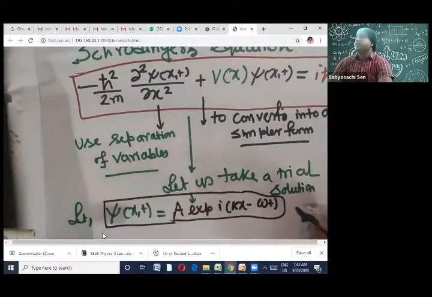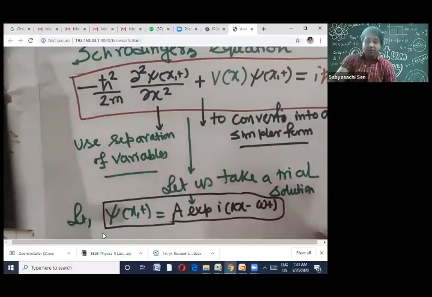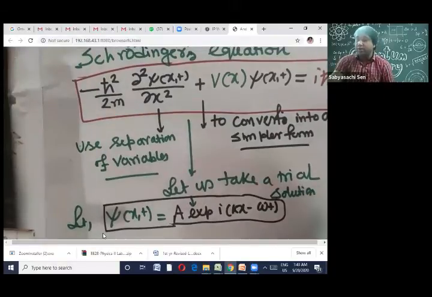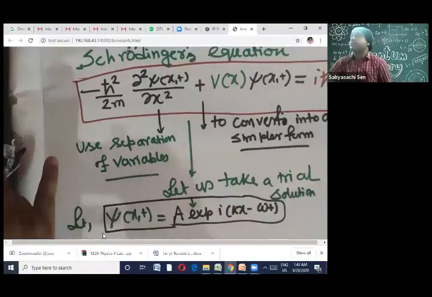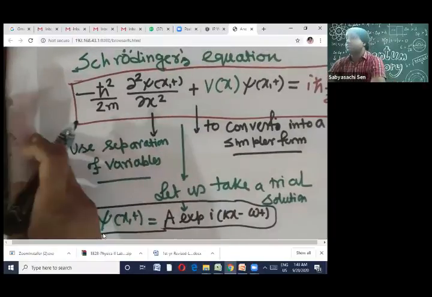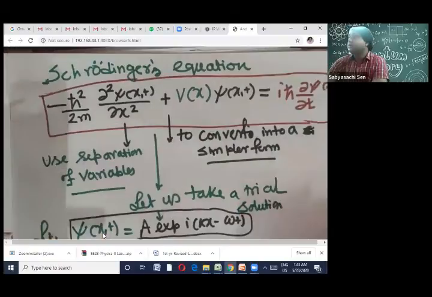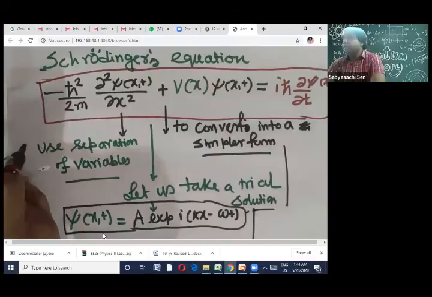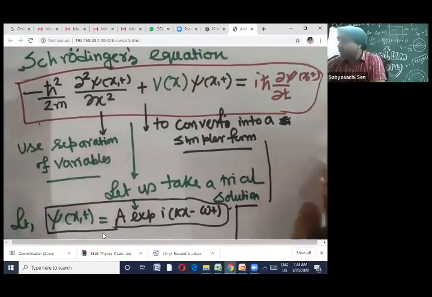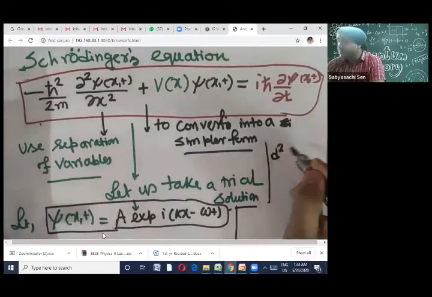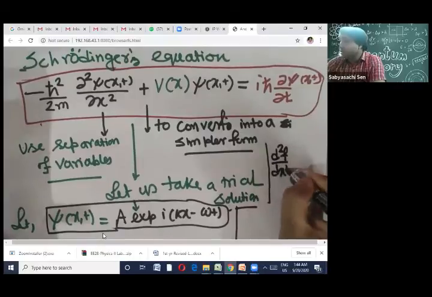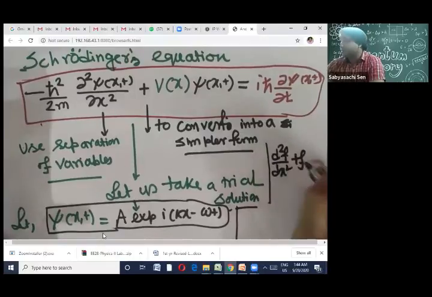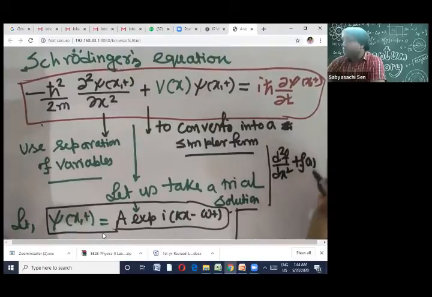Now this is nothing new. This is very similar to something you do in normal mathematics, in other courses also. Suppose this is my working differential equation, d2f/dx2 plus f(x) equal to 0.